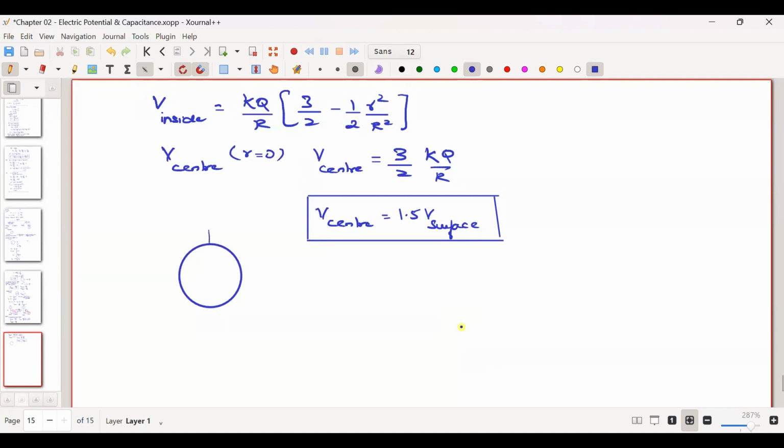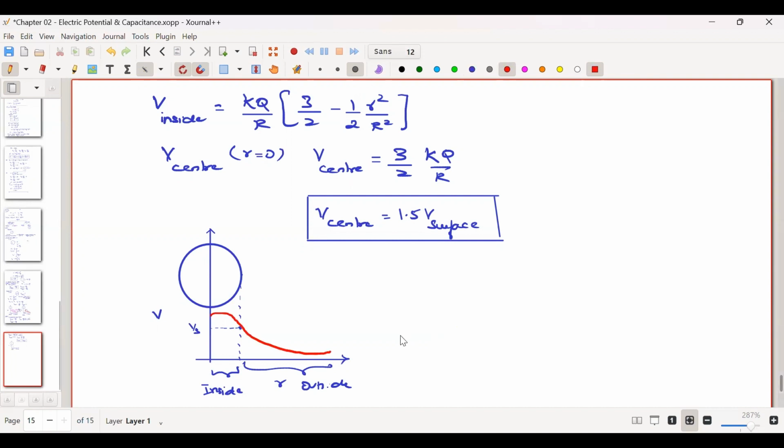Now if I plot a similar graph for a solid sphere, non-conducting, V versus R. This is going to be my inside point, and this is outside. This is my surface point. V center is somewhat 1.5 times more. So the graph will look something like this.